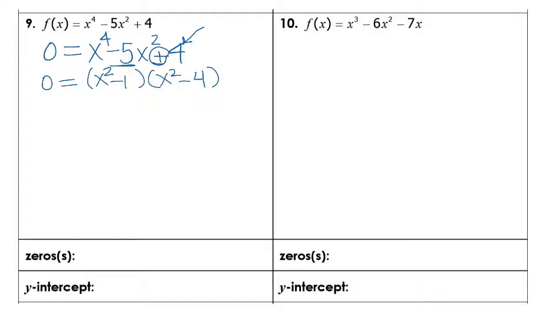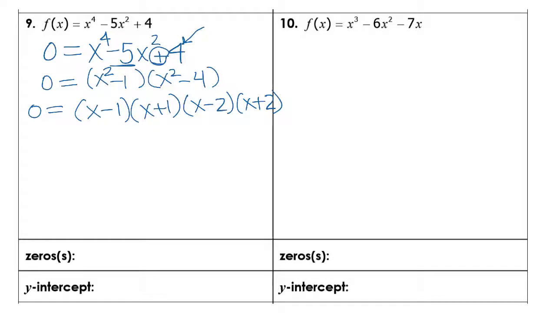Now, there are 2 options from this. You can either factor this again because it is the difference of 2 squares. Did anybody factor it again? I was going to, but I didn't think that was right. No, it is right. As long as there's a minus sign between the squares, it's perfectly okay. So if we factor this again, we get x minus 1 times x plus 1. And then over on the other side, x minus 2 and x plus 2, isn't it?